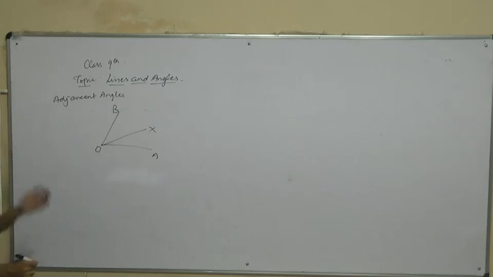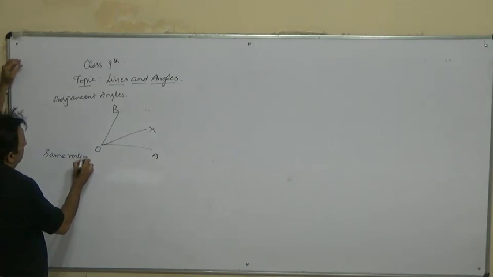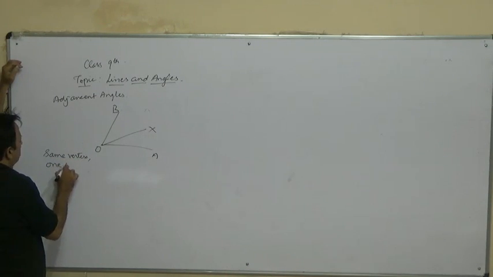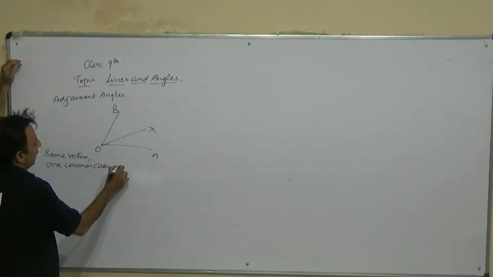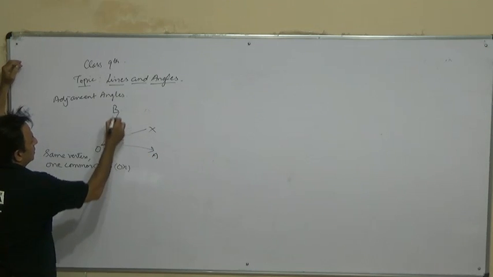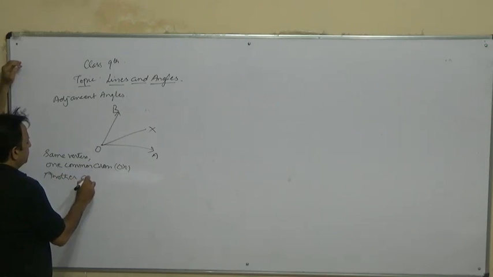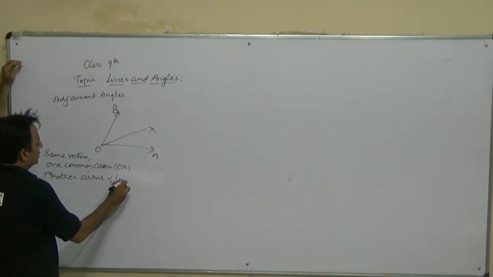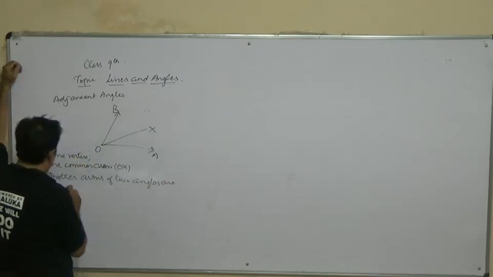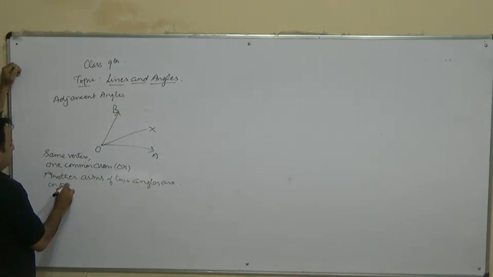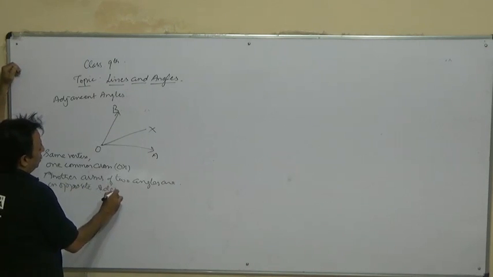That is, they have common vertex, same vertex, one common arm, which is OX, and another arms of two angles are on opposite sides of common arm.